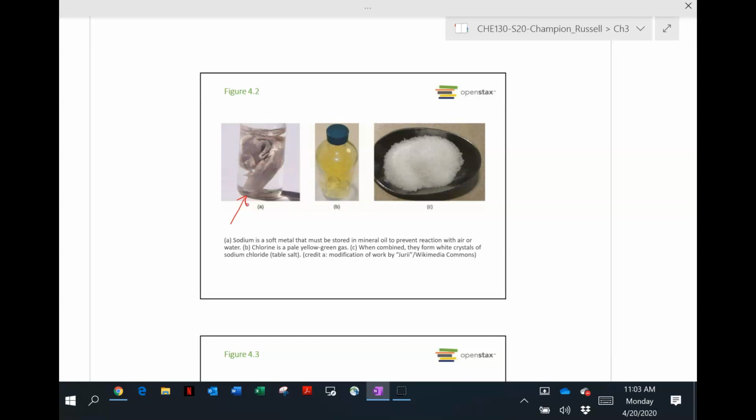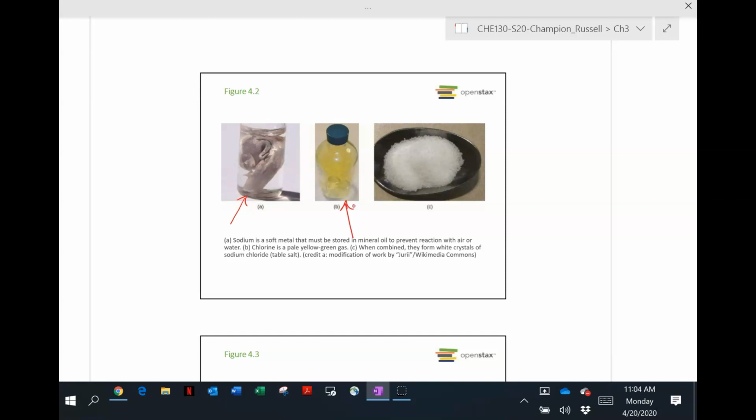And then if you look at B here, that's chlorine gas. It's a toxic gas. It was used as a gas weapon in World War I, the original gas weapon. Yellow-green gas, not a pleasant thing to inhale.